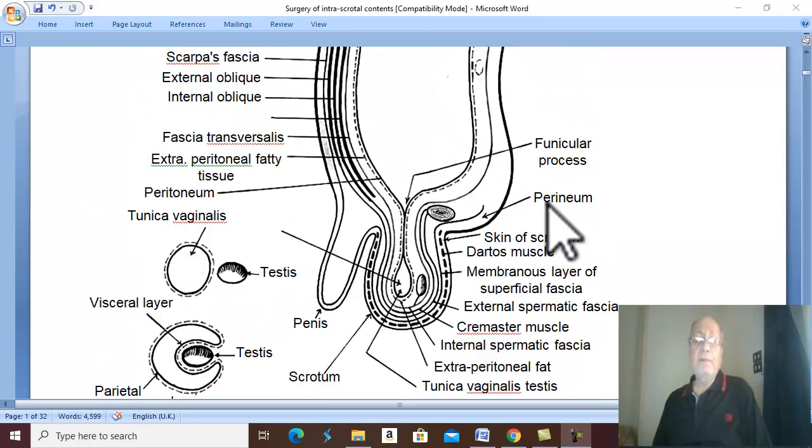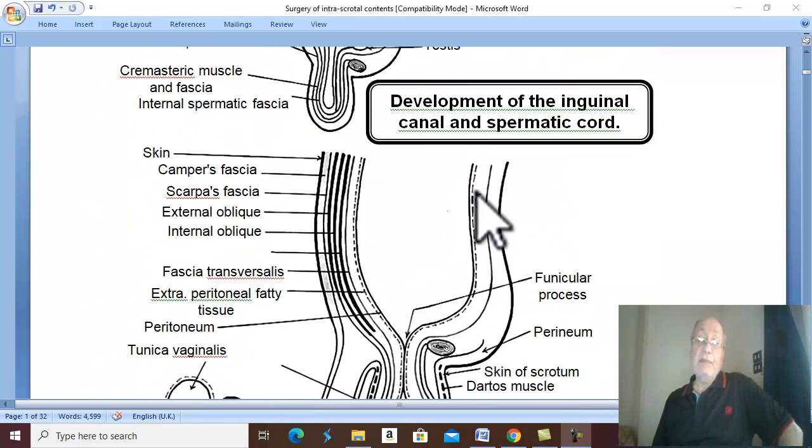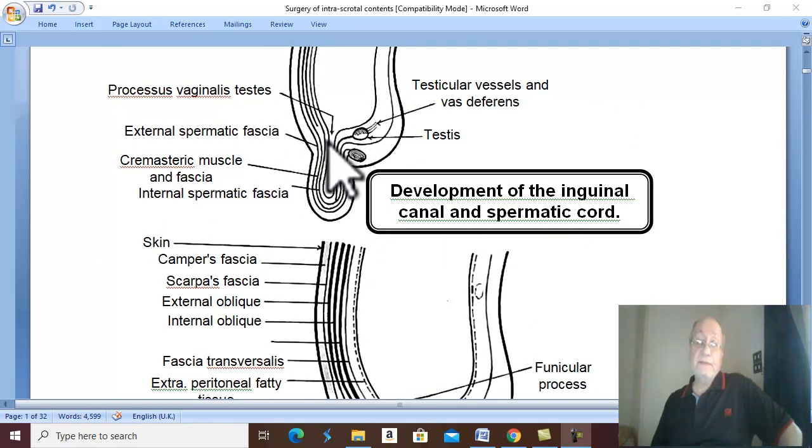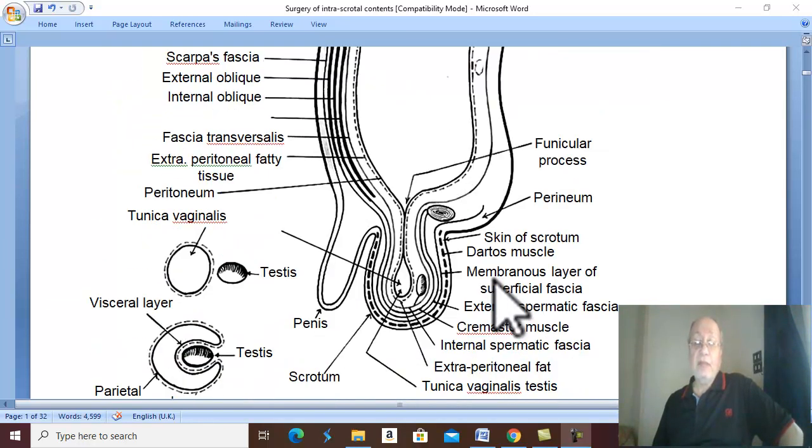Normally, the processus vaginalis, just before birth, has its proximal part become obliterated and called vestige of the processus vaginalis.